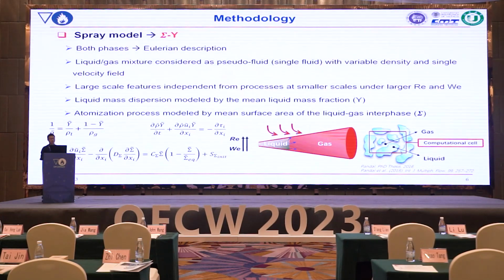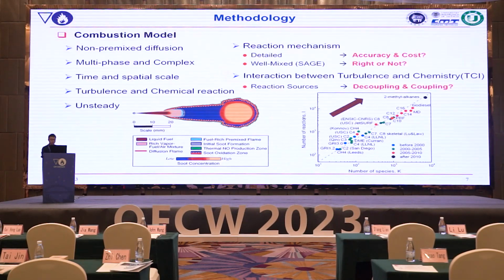The large-scale features are independent of the processes at a small scale. We use the liquid mass fraction to describe the liquid mass, and for the atomization process, the model uses the mean surface area of the liquid-gas interface.